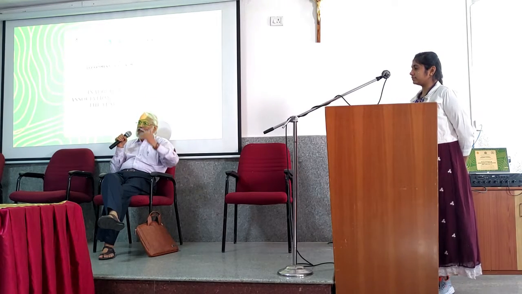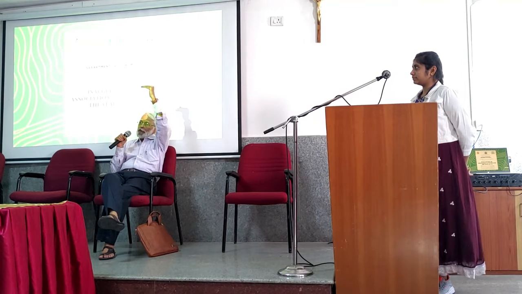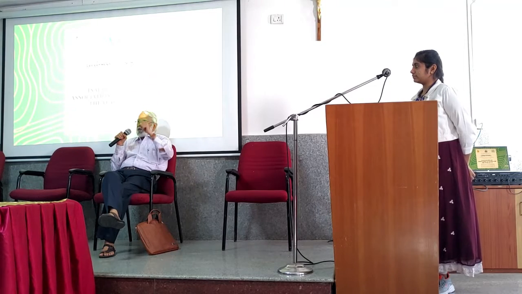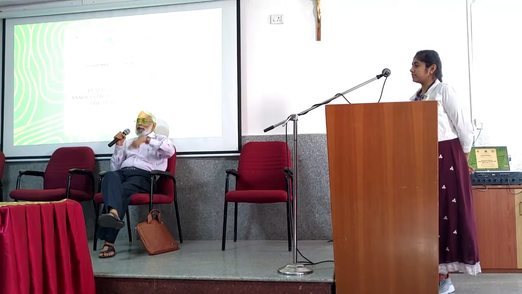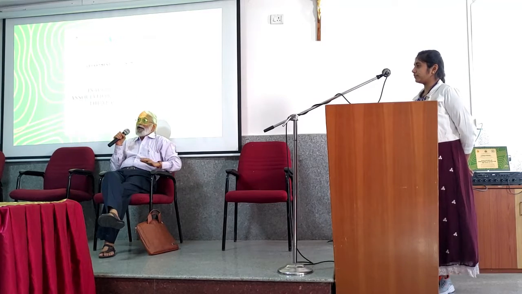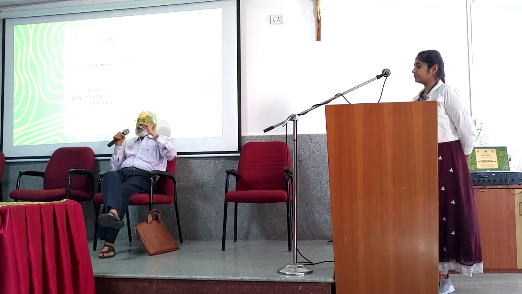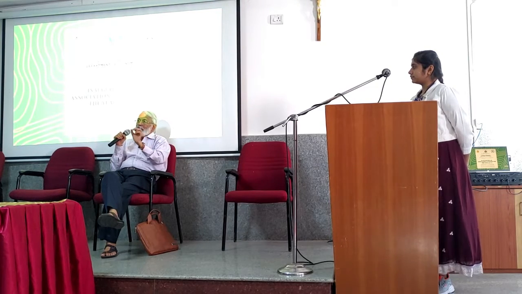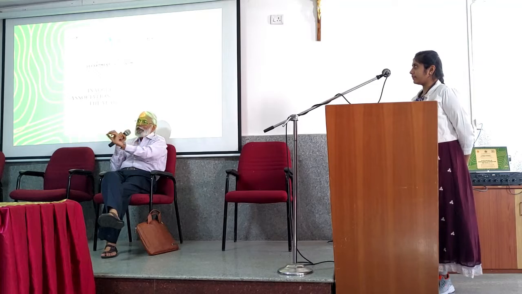Fixity of occupation, both ways, from top to bottom or bottom to top. No movement. A Brahmin cannot become a cobbler, a cobbler cannot become a Brahmin. Why? No answer. So what is institutionalization? It is fixing norms. Institution is either written or unwritten laws of behavior.